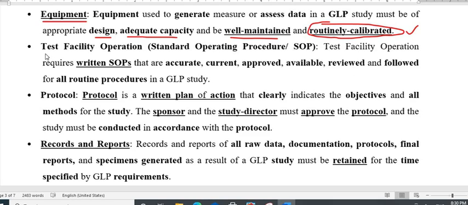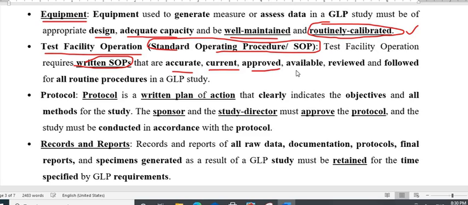Now we have to go through the test facility operation. When the personnel perform research work in the laboratory, they must have the standard operating procedure in written form, and that written SOP should be accurate and current, also approved, available, and reviewed. So this has to be monitored.